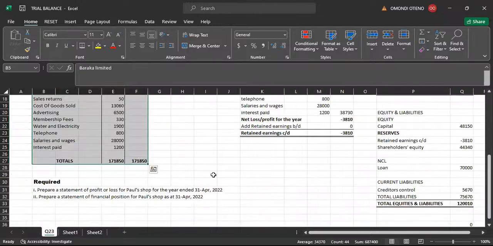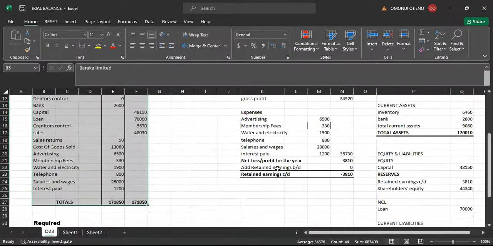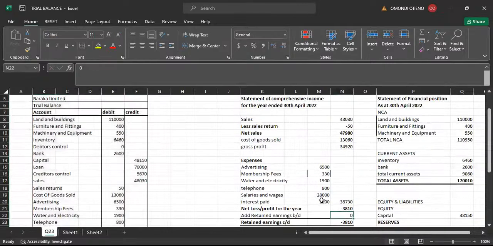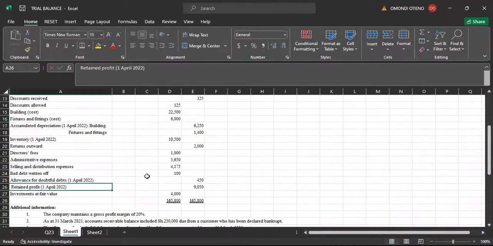In this question, our retained earnings brought down was 0. In this other question, it is not going to be 0. It is going to be 90/50. So I believe we've now seen what we have just discussed sometime back. Investment at fair value, that is now the financial assets.